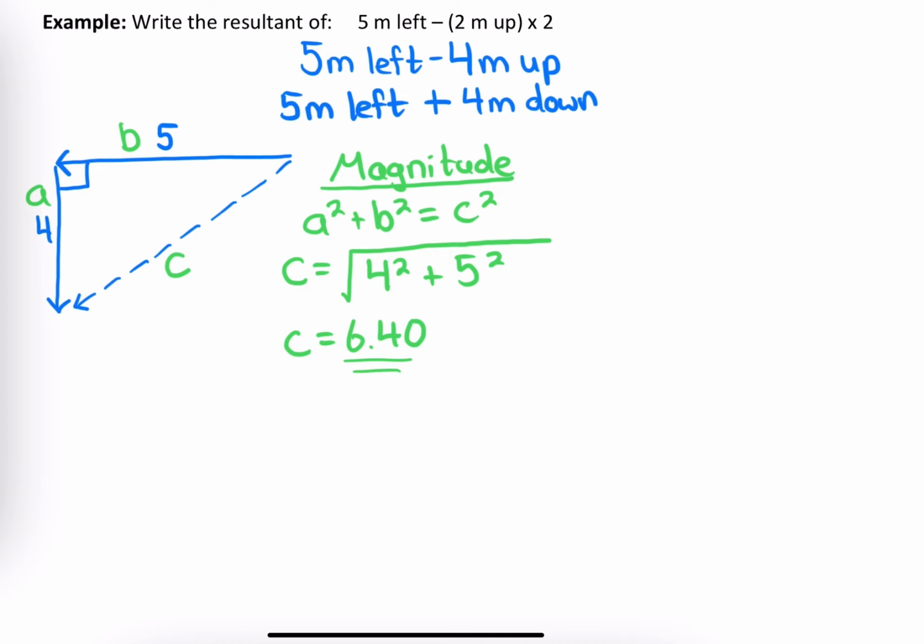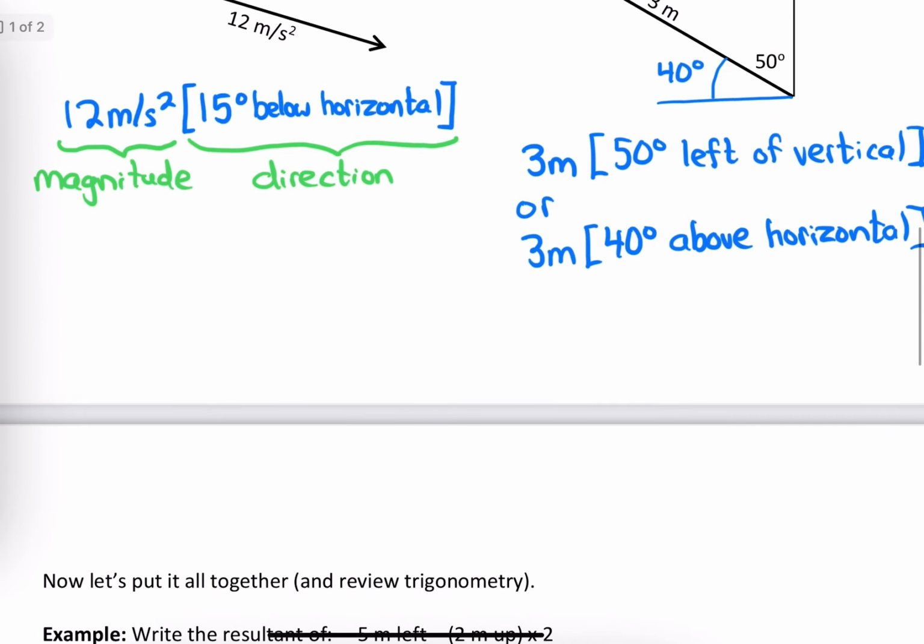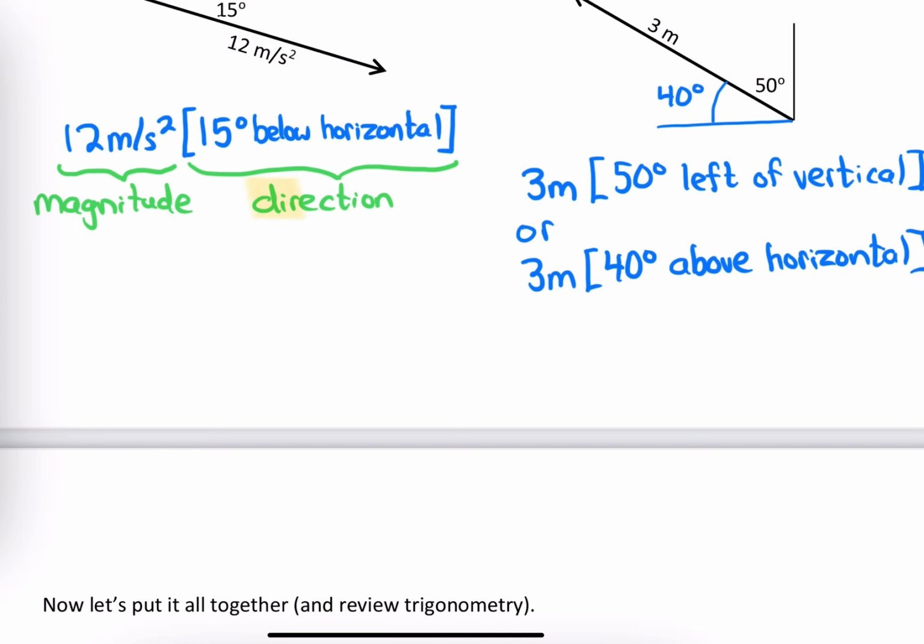The next thing I need to do is find its direction. So one thing to note is we always define a vector's direction from its tail. So to give the direction, like we did up here, every time I set a direction, it involved an angle, a number of degrees.